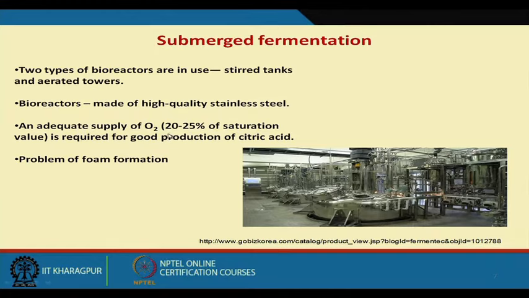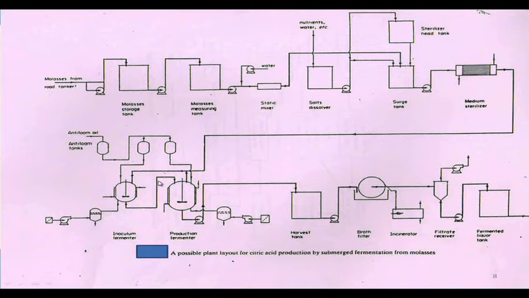An adequate supply of oxygen, 20 to 25% saturation, is required for good production of citric acid. The problem of foam formation is quite common because it is an aerobic fermentation process. To subside the foam, we have to use anti-foam oil, and sterilized anti-foam oil is put into the reactor.